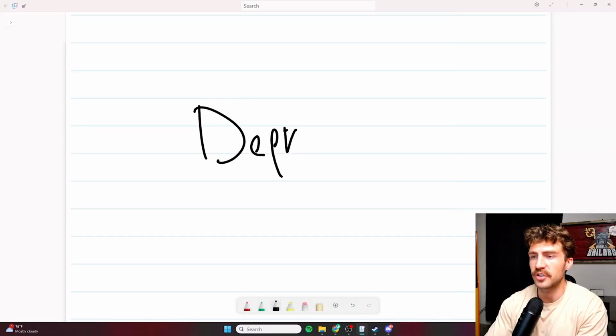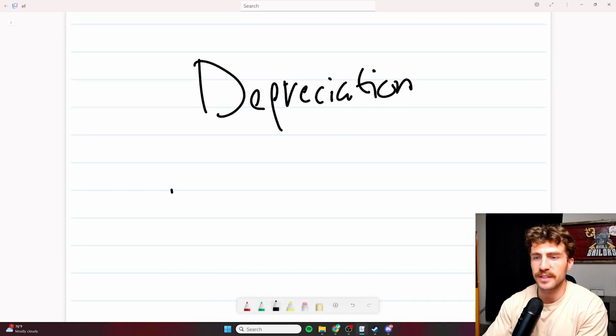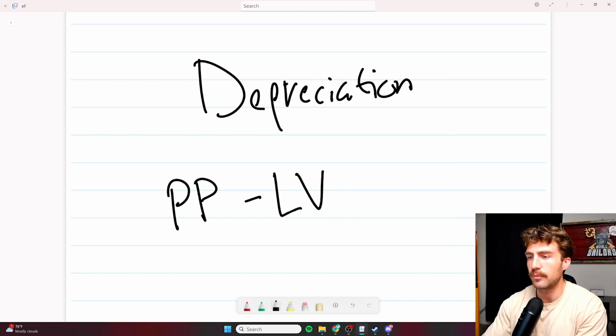But that's not it. Pace would also look at his depreciation, how much he saves in taxes by buying the house. To calculate your depreciation, it's actually a bit complex. So for the sake of this example, we're just going to take the purchase price minus the land value, and then divide that number by 27.5. This is how you can simply calculate straight line depreciation.